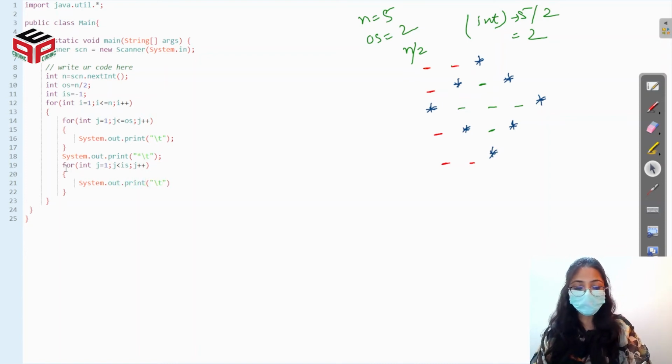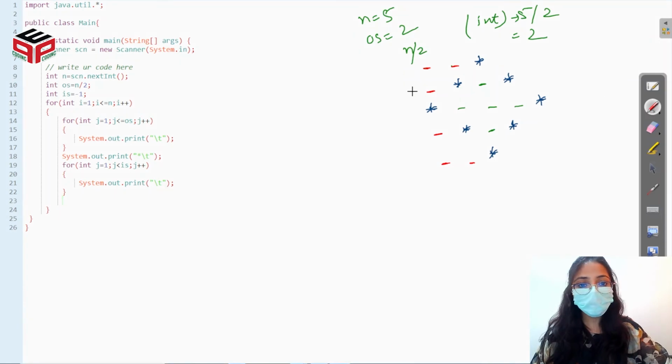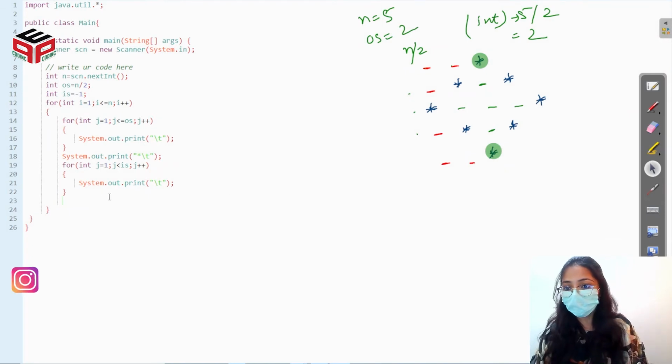Okay. Now, after that, see, in the second row, third row, and fourth row, that is all the rows leaving the first as well as the last row, I need to print 2 stars each. But I have to make sure that I do not print in the first and the last row. So we have to take care of that condition.